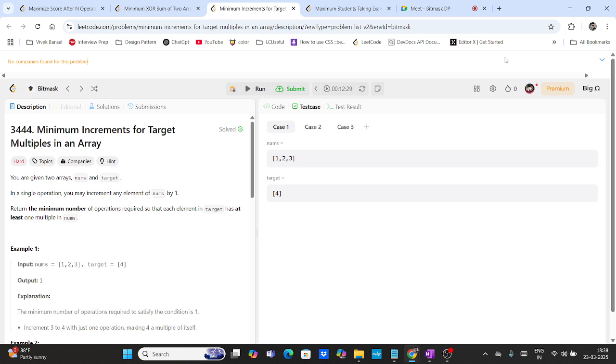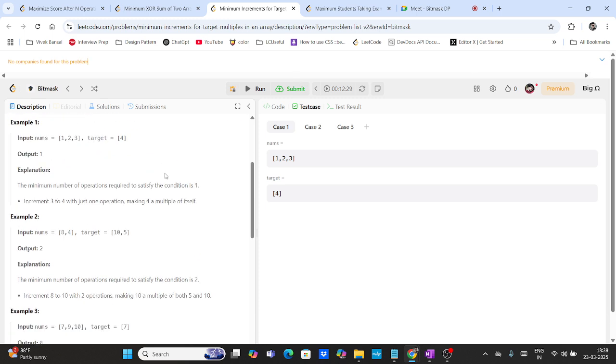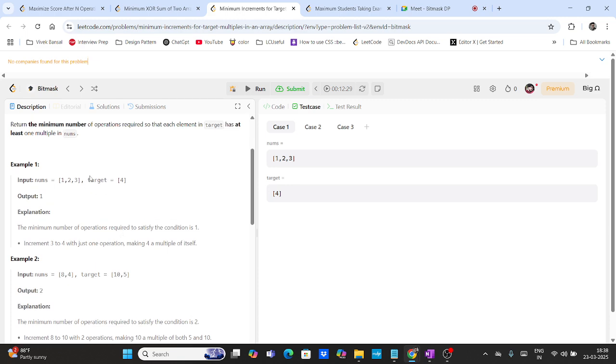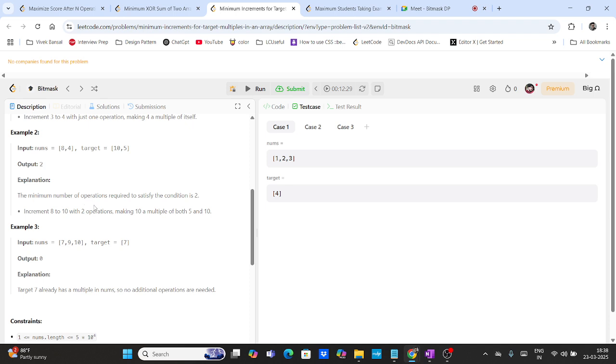In the example, 3 you can increment by plus 1. So 4 is a multiple of 4, right? Like that. If you see this case, 8 you can increment to 2.